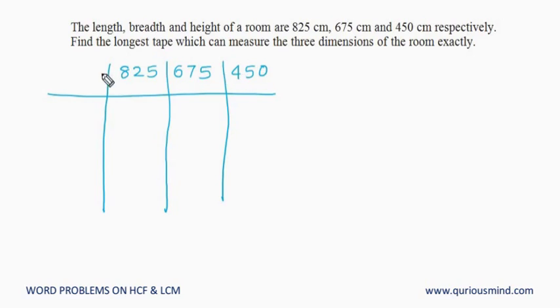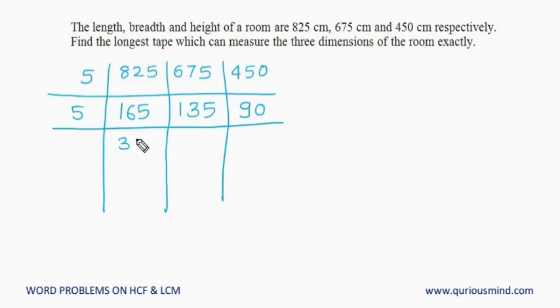I see a common factor 5 because it's a 5 and 0. So I'll just divide by 5 here. I still see 5 as a factor. Now, look at these numbers. We see they are all divisible by 3. So let's take 3.